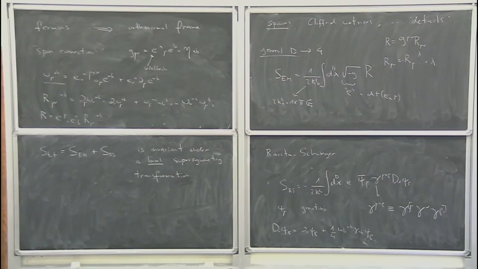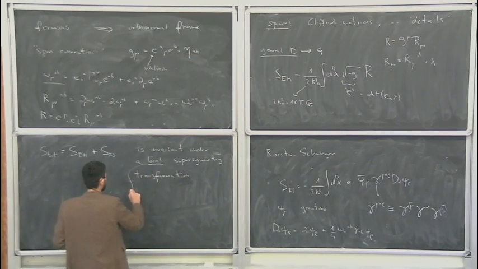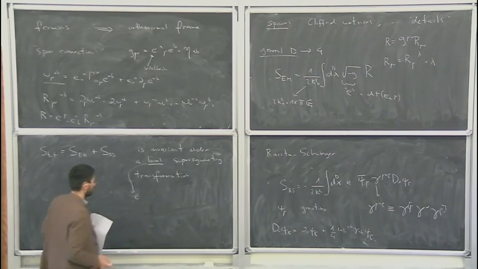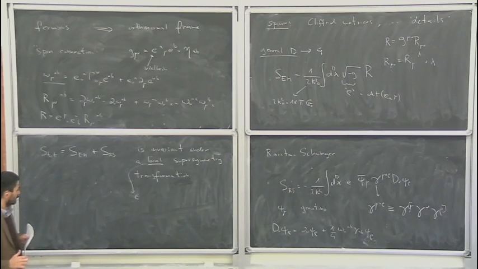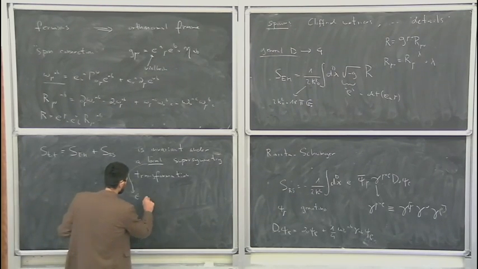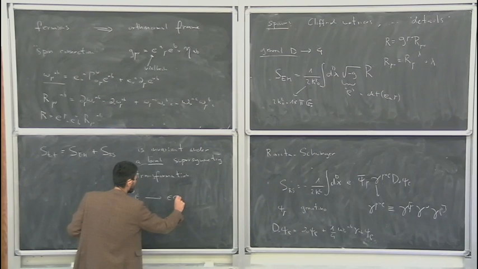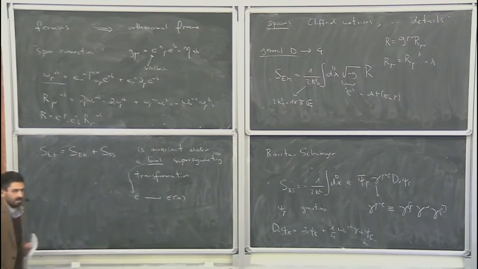Any supersymmetry transformation involves some parameter, and the fact that it's local means that this parameter, typically called epsilon or some other similar letter, becomes space-time dependent. So that's why it is a local transformation.